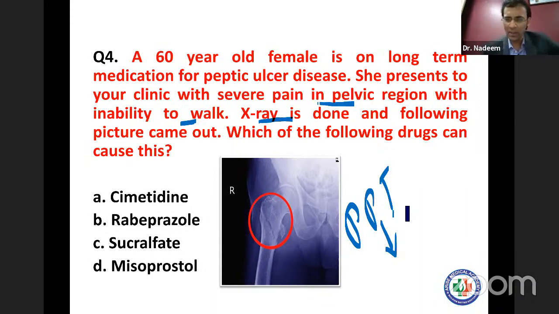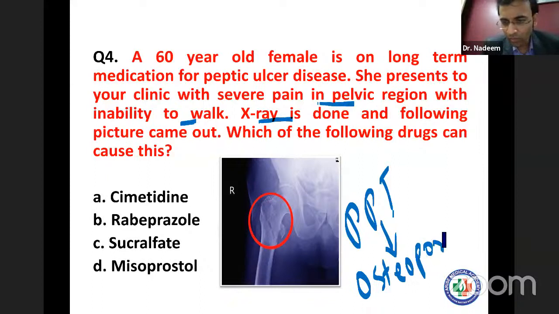See, you know what is happening? Long-term use of PPI causes depletion of calcium. After that, the patient is having what? Osteoporosis, softening of bone.